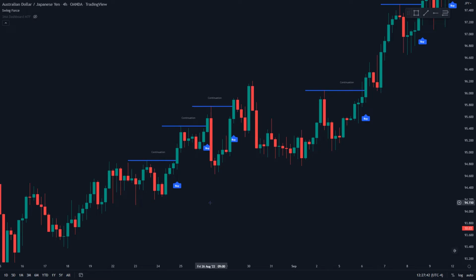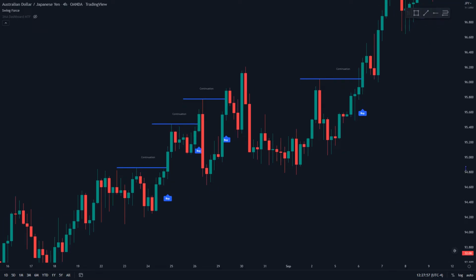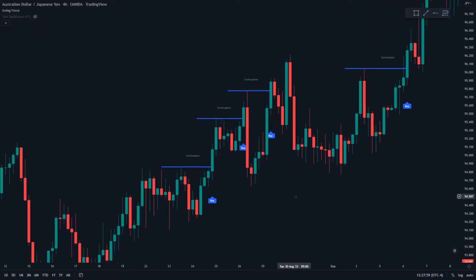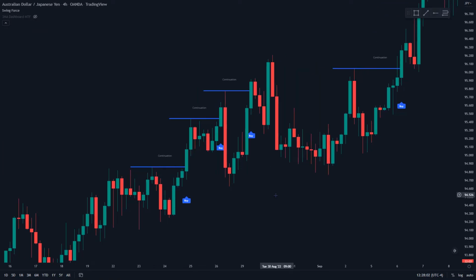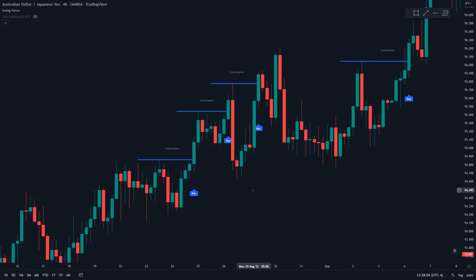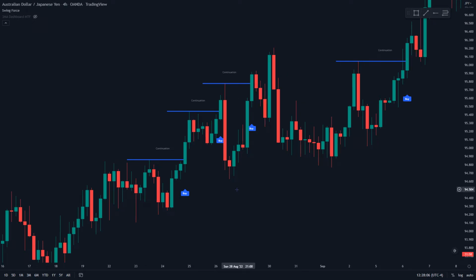I'll bring up our 3MA indicator later, as a little example of how that can also help with confirmation when trading with this indicator. So let's dissect some of this price action here.